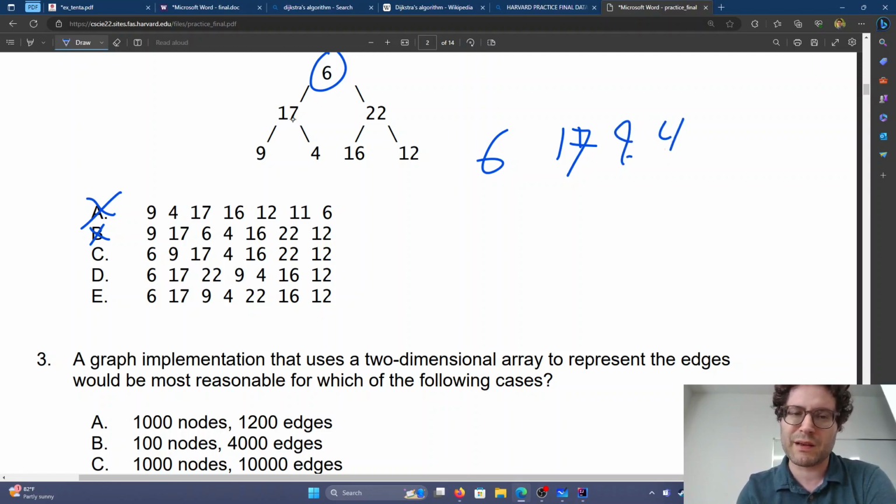I'm done processing both my trees, so go back to 6. 6 then says we're going to do my right subtree, which means I'll do 22 next. And then there'll be 16 and then 12.